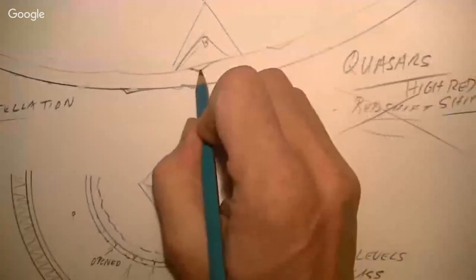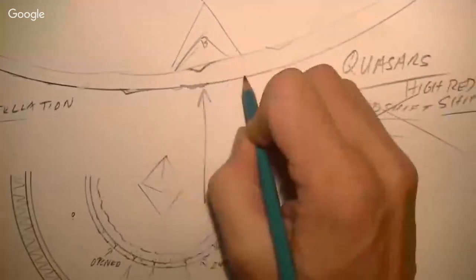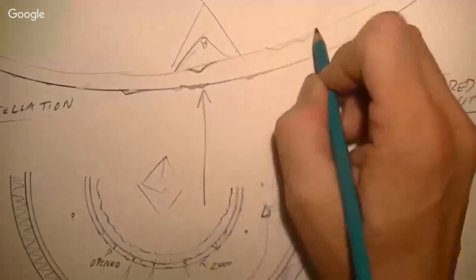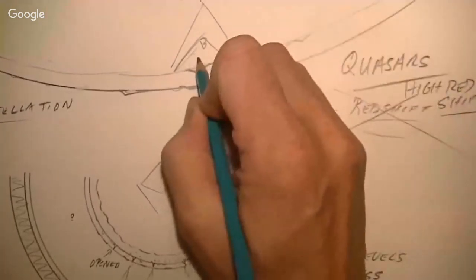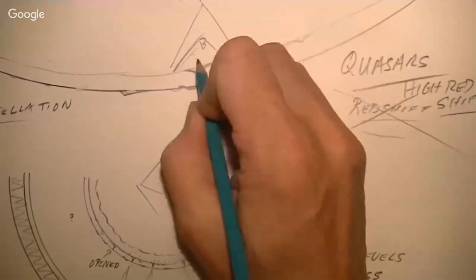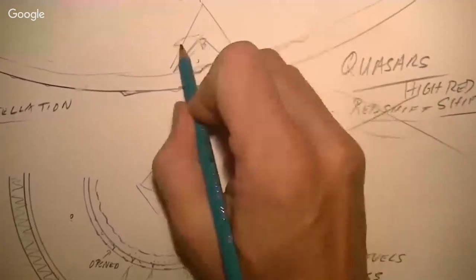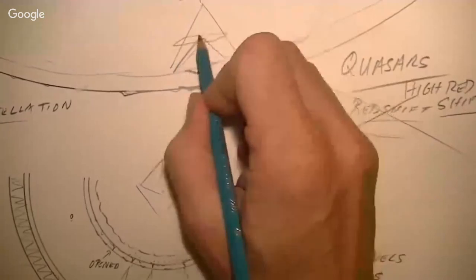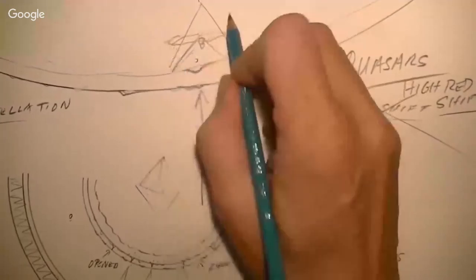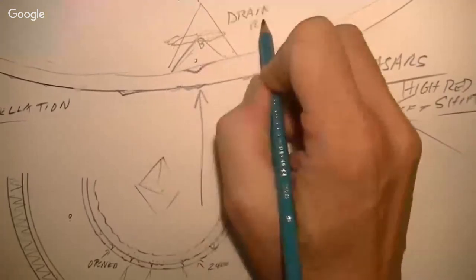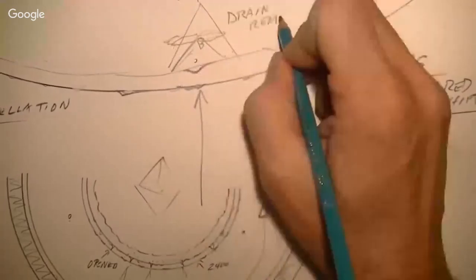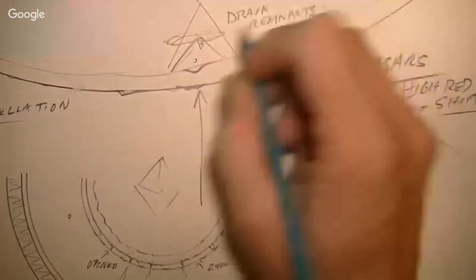If you understand that there are peaks and valleys in this glass sky, the celestial firmament, you can have a stellar object that is closer than a galaxy. Remember I said galaxies are just drains? They're drain remnants. The drain remnants of what happened after the flood.